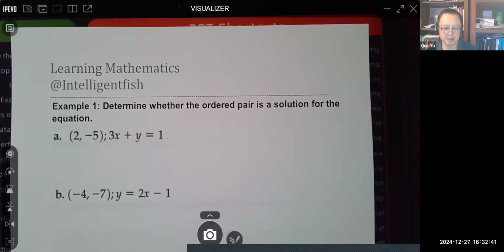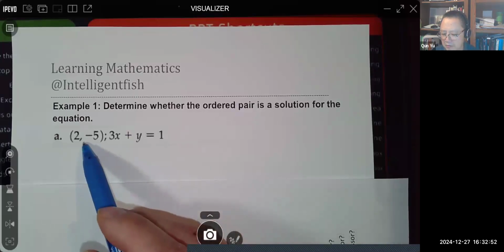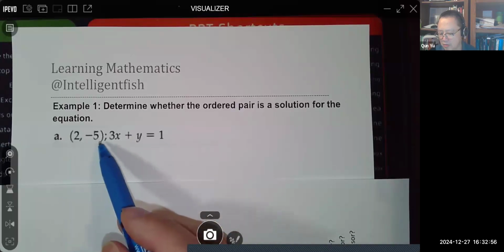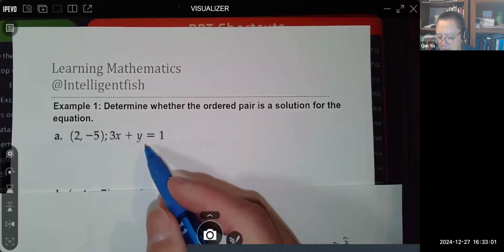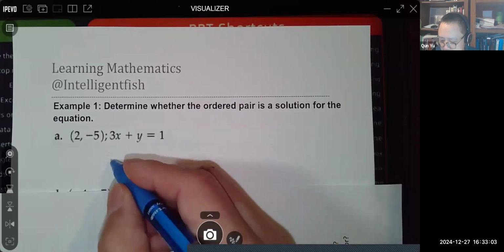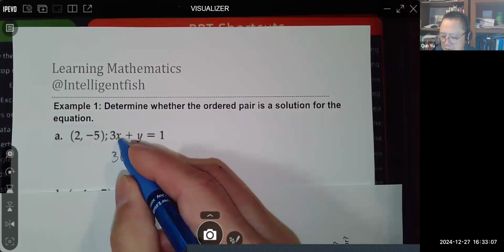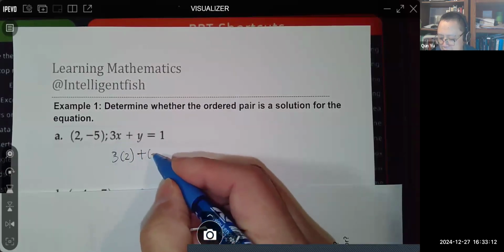Determine A and B. Let's focus on A first. Determine whether the ordered pair is a solution for the given equation. Ordered means the first one is always x, the second one always y. So we just replace x with 2, y with -5, and do the calculation. 3 times 2, usually I put the value of the variable inside parentheses, plus y is -5.